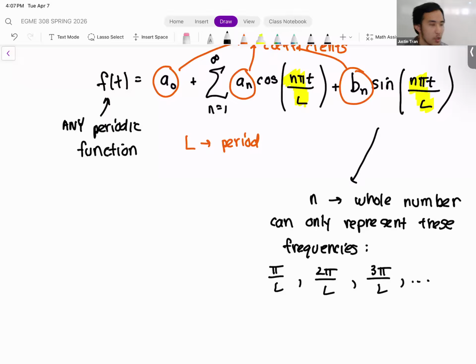We can't look at 1/2 pi over L or 2.5 pi over L or 6.7 pi over L. We're only looking at integer multiples of that. You can call pi over L the fundamental frequency of our expansion.